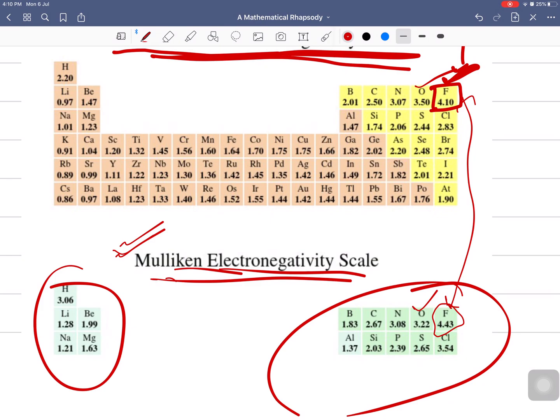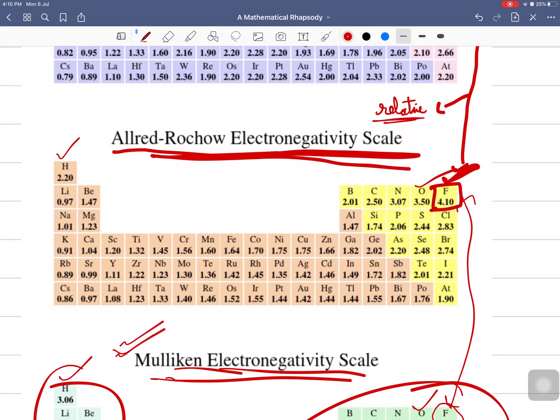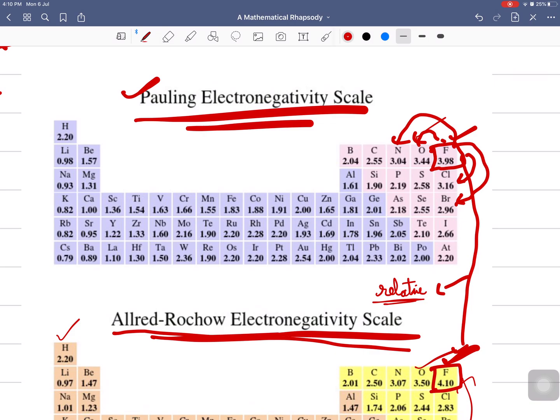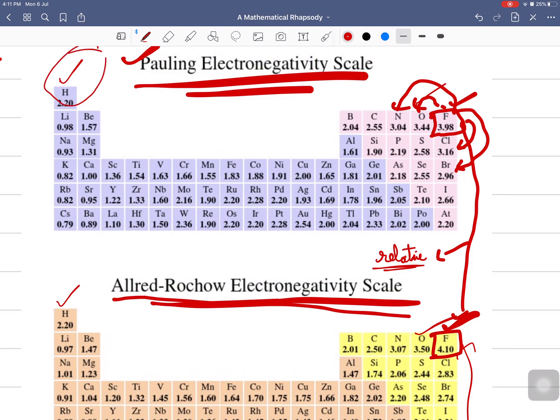Let's take hydrogen. 3.06 in the Mulliken electronegativity scale, 2.20 in the Allred-Rochow electronegativity scale, I'm sorry. And then you have 2.2, which is the same thing. So in some cases it might be the same, but in some cases it's not. Right? This is important.